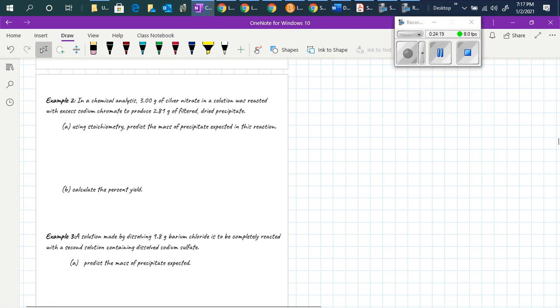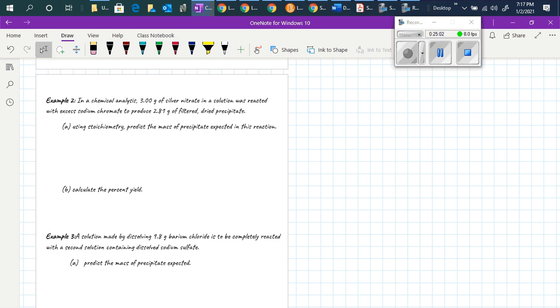Now, let's take a look at the other example. In a chemical analysis, 3 grams of silver nitrate in a solution was reacting with excess sodium chromate to produce 2.81 grams of filtered, dried precipitate. So again, we will calculate using Stoich the theoretical or calculated yield, and then we will use the percent yield formula.